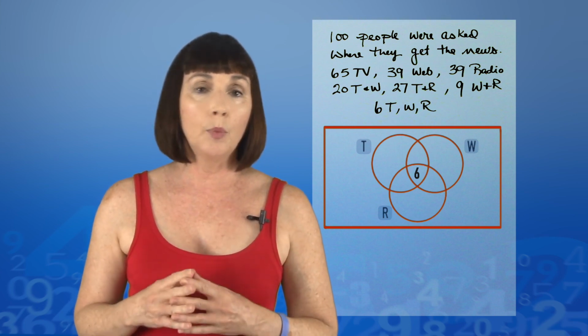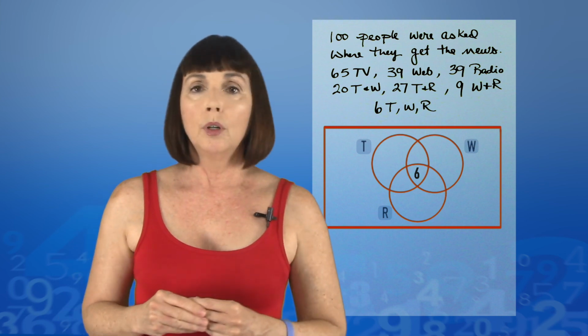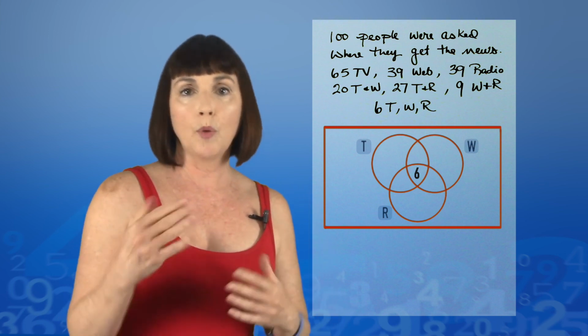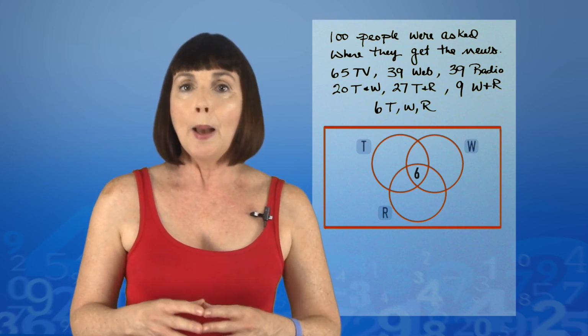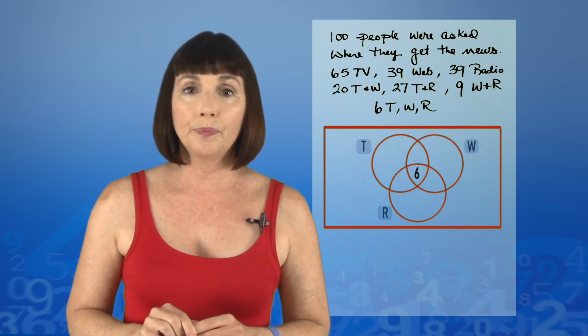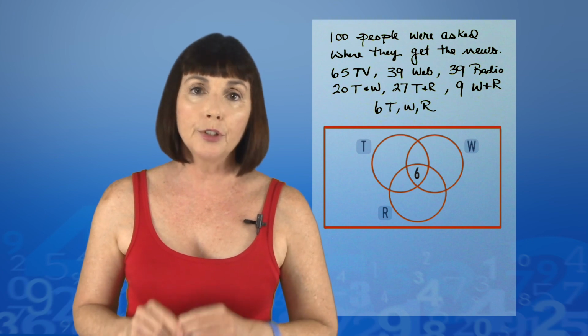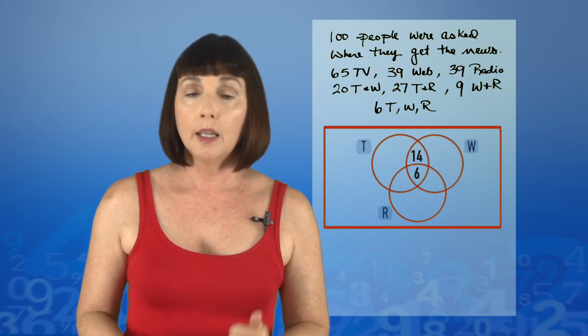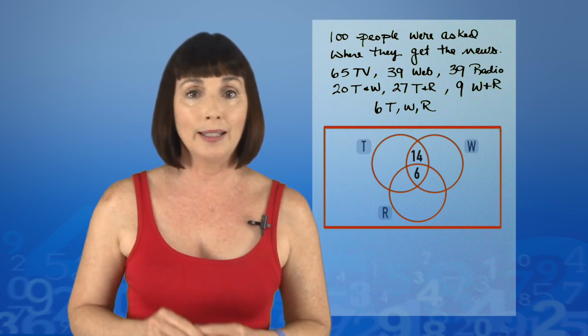Now, for example, we have 20 people who use TV as well as news websites to get their news. But that includes those 6 that use all 3. So the number of people in that intersection would be 14, because 14 and 6 is 20.